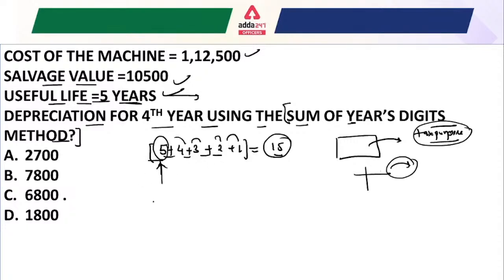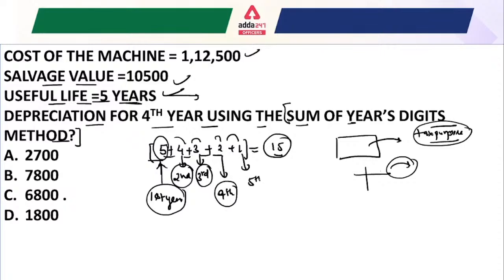So if we are talking about the first year depreciation rate, this 5 would be considered the first year depreciation rate. This 4 will be considered the second year depreciation rate. This 3 represents the third year depreciation rate. This 2 represents the fourth year depreciation rate, and this 1 will be considered the fifth year, or last year, depreciation rate. Okay, so how can you calculate the depreciation amount?